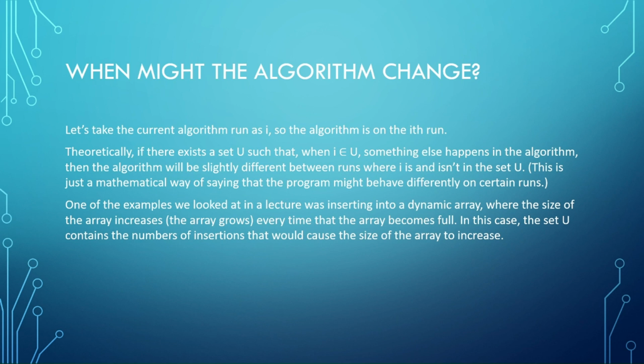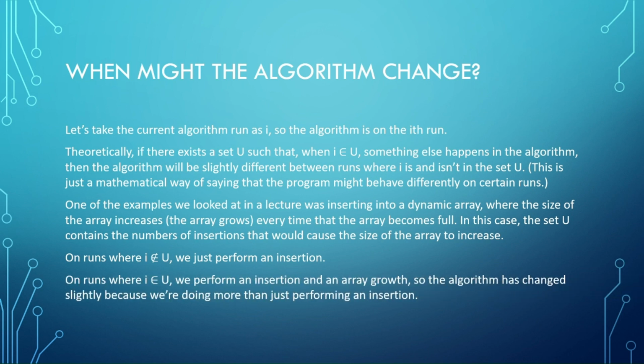So on the run I, when I is contained in the set U, we might cause the array to grow as well as an insertion, which would cause the algorithm to be slightly different from just an insertion. On runs where I is not in the set U, we just perform an insertion. On runs where I is in the set U, we perform an insertion and an array growth. So the algorithm has changed slightly because we're doing more than performing just an insertion. So this is an example of how the set can be used.